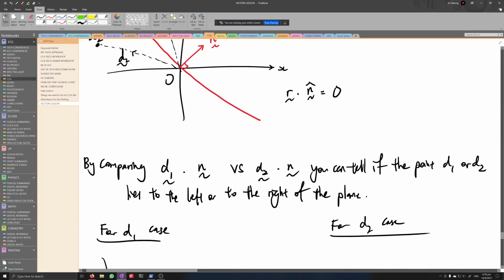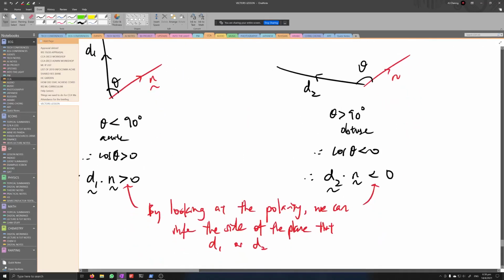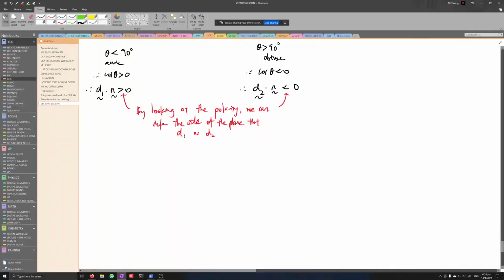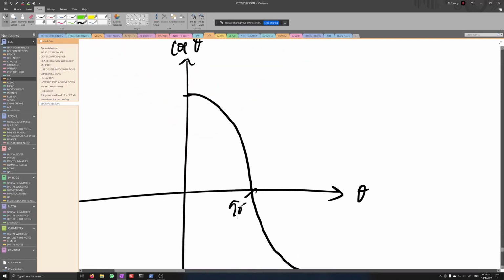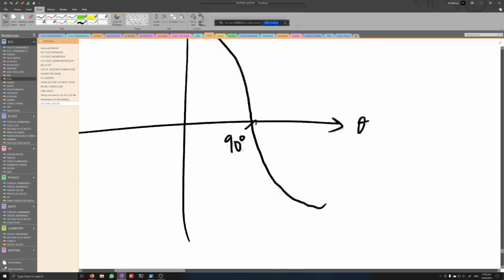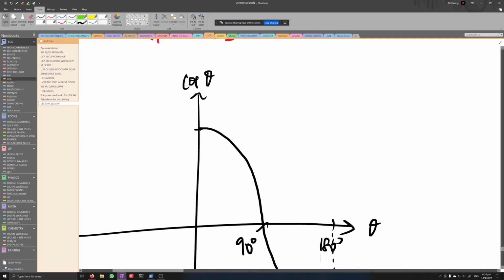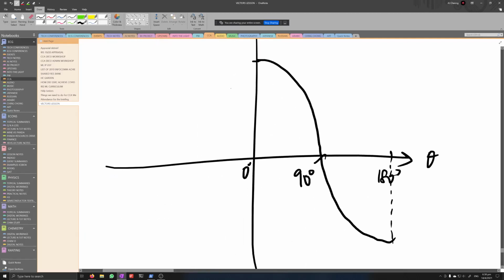Realize that if we plot, here we have 90 degrees, 180 degrees, 0 degrees.